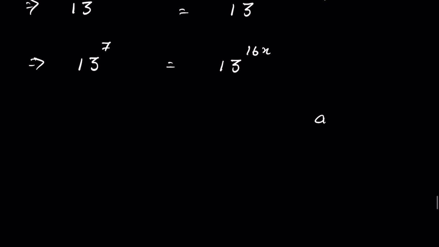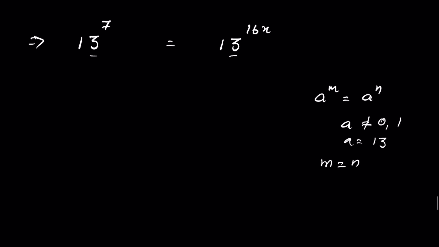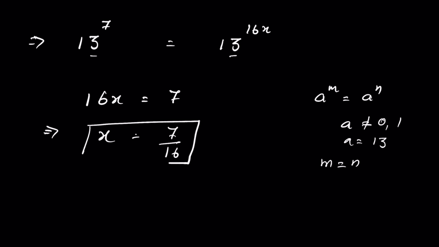Again, when a to the power m equals a to the power n, and a is not equal to 0 or 1, here a is 13, then m equals n. So both the bases are same, that means 16x equals 7, or x equals 7 upon 16. This is the value of x.